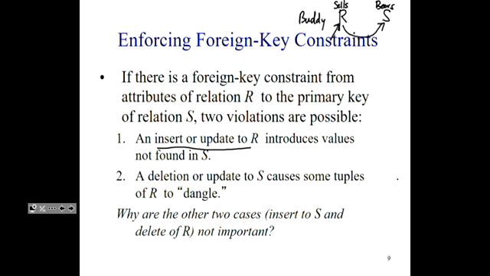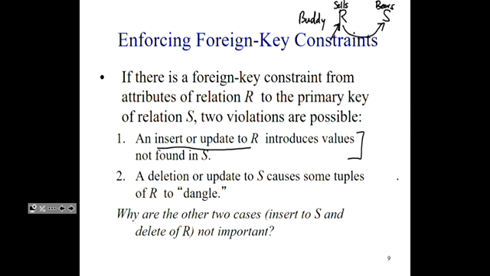It's no longer pointing to a beer in S. Similarly, you can insert a new tuple with the beer value buddy, which is not a beer in the beers relation, and therefore that causes a violation of the constraint. Okay, with me so far? Okay, so that's one possible violation.